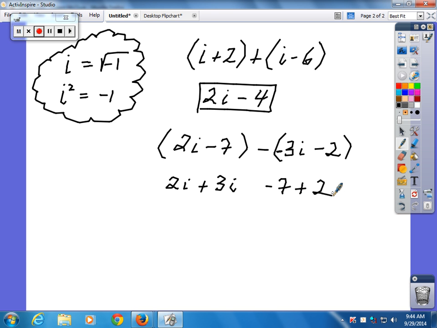And what's 2i plus 3i? 5i. And then negative 7 plus 2 is negative 5. So again, the i is treated just like x. The same rules apply that you learned back in algebra and pre-algebra.